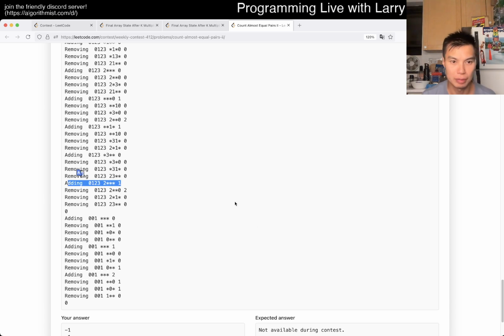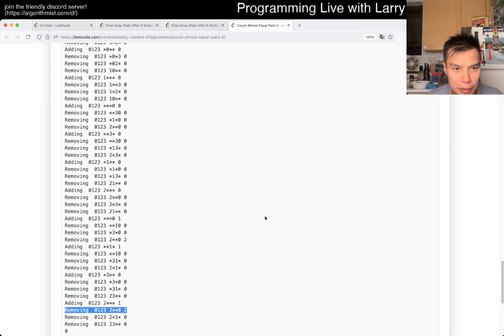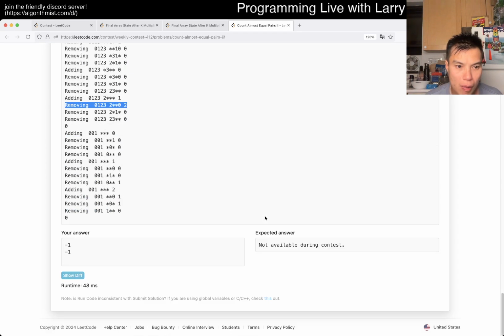So I do add stuff, but then I subtract them out. Because of double counting, maybe? So this is 1, this is 2, okay. And then we subtract out these two.